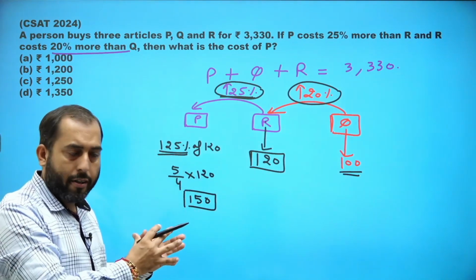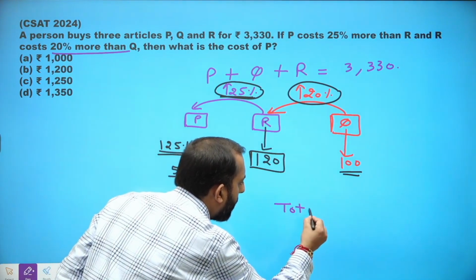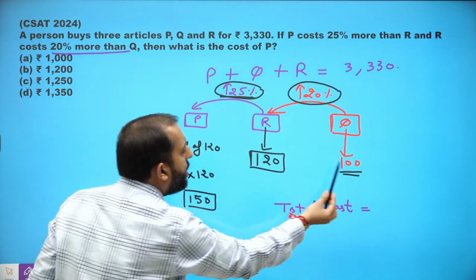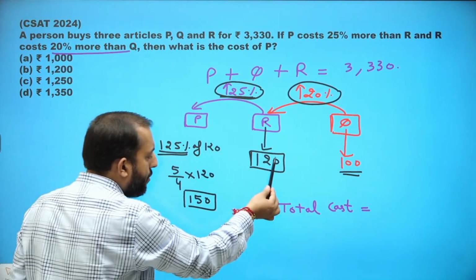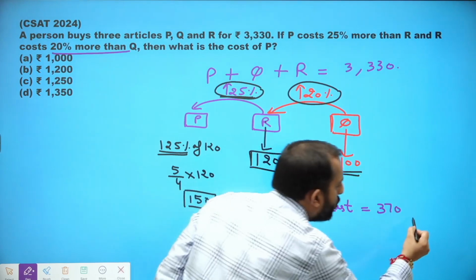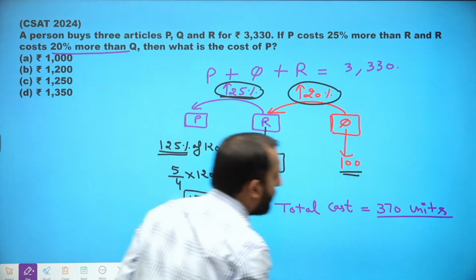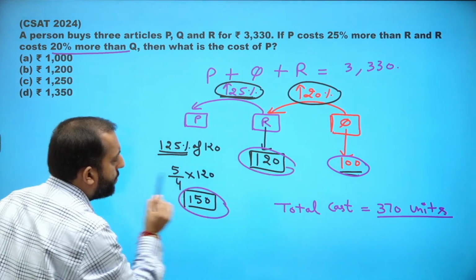Now, through assumption, if you talk about total cost, so 100 plus 100 plus 100, 300, and then 50, 20. So in terms of assumption, total cost is 370 units: 100 plus 120 plus 150.